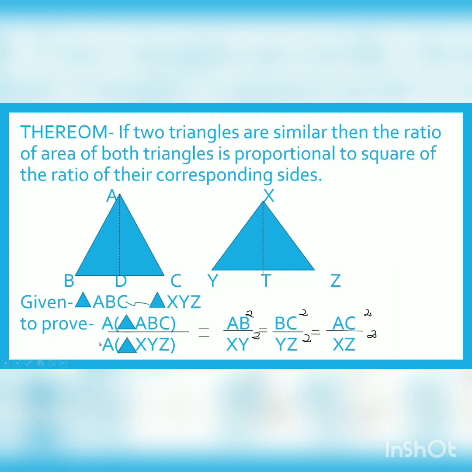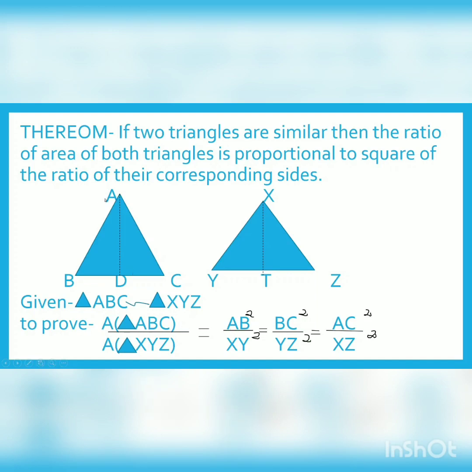You have to show the area of triangle ABC upon area of triangle XYZ is proportional to the square of the ratio of their corresponding sides.